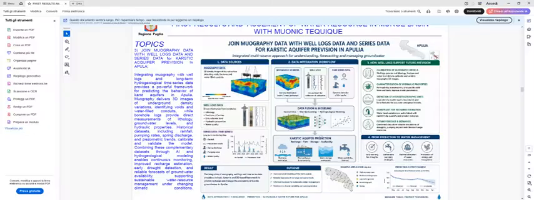Combining these complementary datasets through AI tools and hydrogeological modeling enables continuous monitoring and improved recharge estimation, early drought detection, and reliable forecasts for groundwater availability, supporting sustainable water resource management under changing climatic conditions.